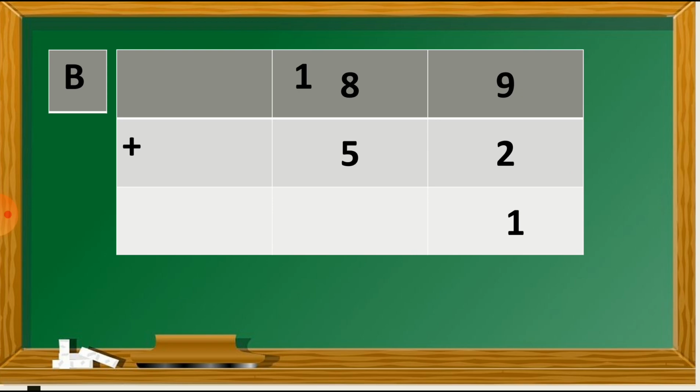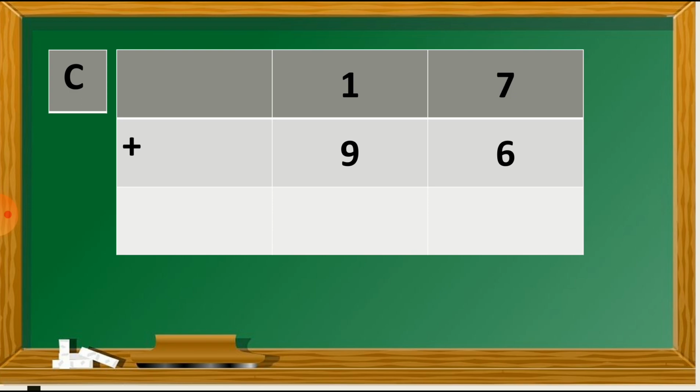Now let's add the tens column with the carry forward number 1, which is 1 plus 8 plus 5. How many is this together? Three numbers, 14. So I write 4 under the tens column this way, and write down another 1 at the hundreds column. This way you can write down the answer, 141. Hope you understood this.